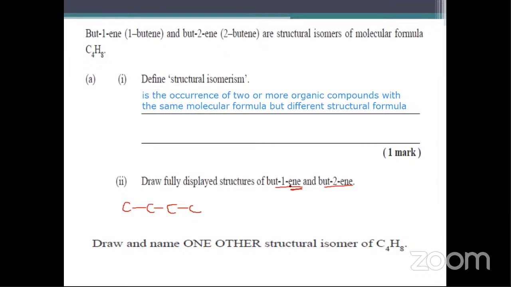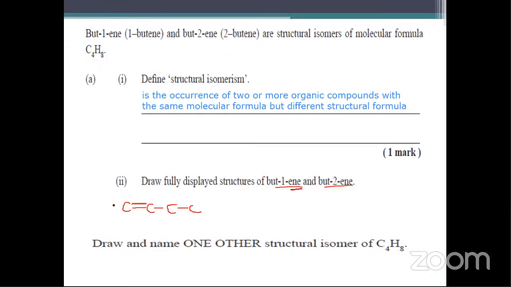Is that clear? If you notice, you're not seeing any methyl or dimethyl at the front of the word, so you know that there are no branches in this molecule. Really, the 1 is giving you the position of the double bond. It's telling you that the double bond is between the first and the second carbon, so the double bond starts at the first carbon. That's what but1-ene is telling you. Then you draw the H's.